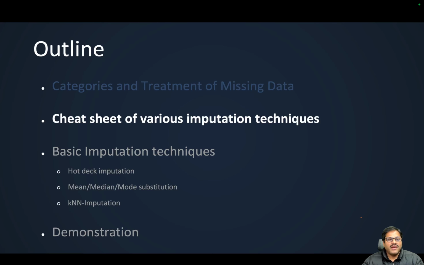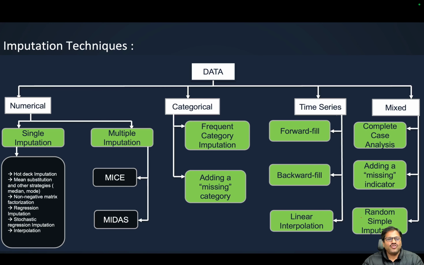There are several imputation techniques to handle MAR. The cheat sheet is shown here. In particular, if your data is numerical, then we perform single imputation or multiple imputation techniques.